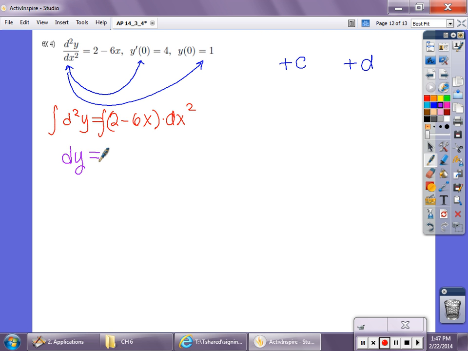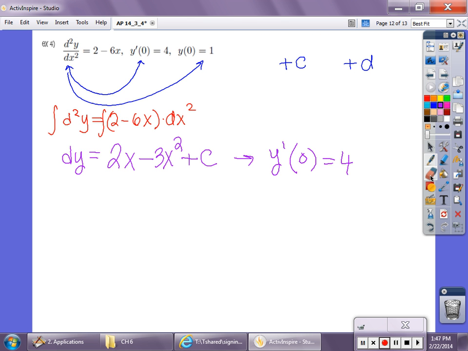So dy is equal to the integral of 2, which is 2x. The integral of negative 6x is negative 3x squared, and then plus c you're going to need. So we're going to use the point y prime of 0 is equal to 4.